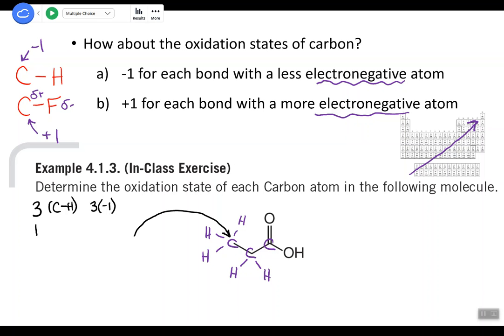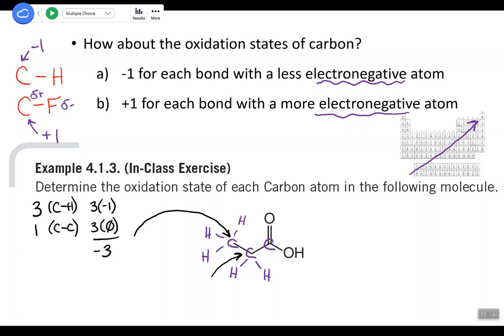Carbon has one carbon-carbon bond. This is assigned an oxidation number of 0. 2 identical atoms share the electrons equally, so neither gets a plus or a negative oxidation number. It's simply a 0. So 3 times -1 gives me a -3 oxidation number for this first carbon.